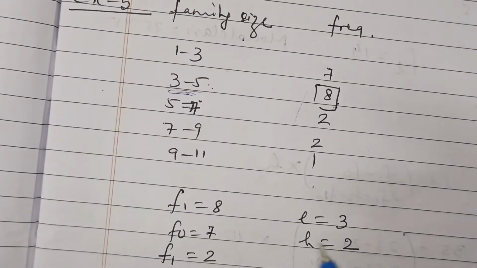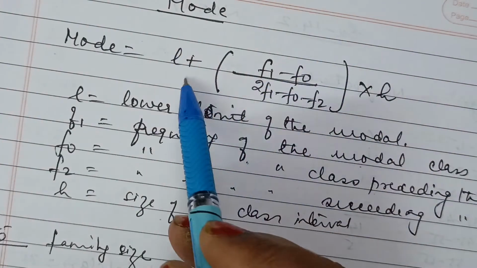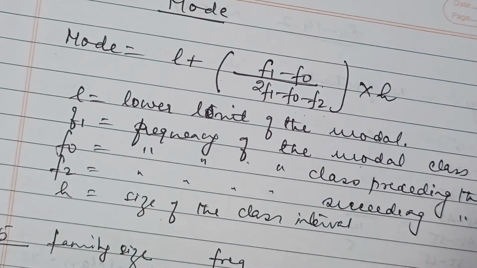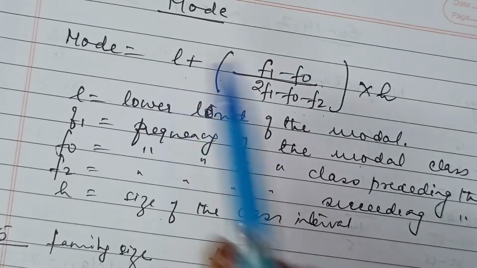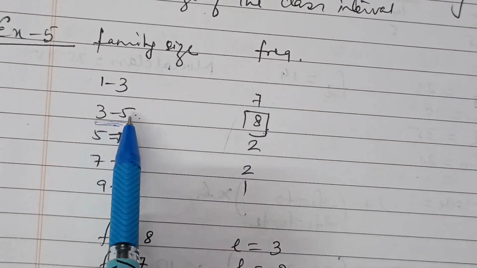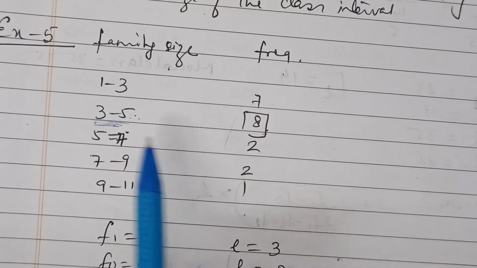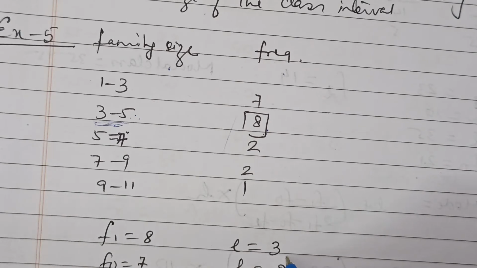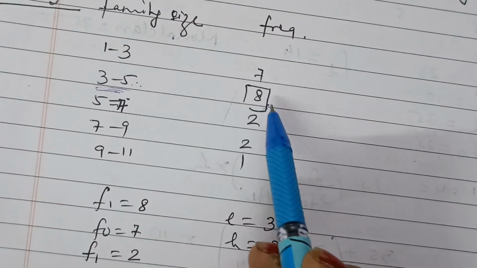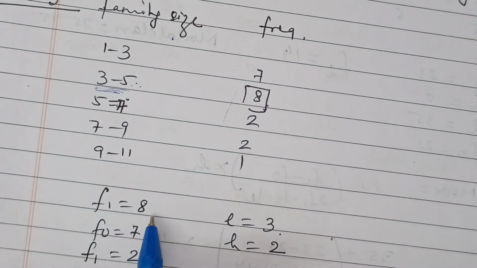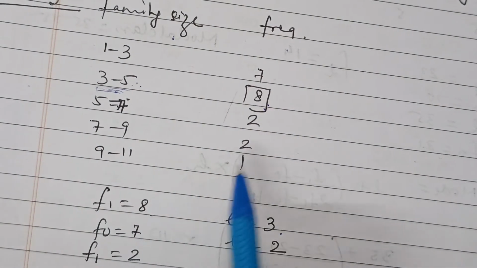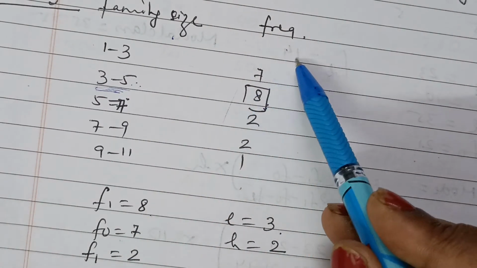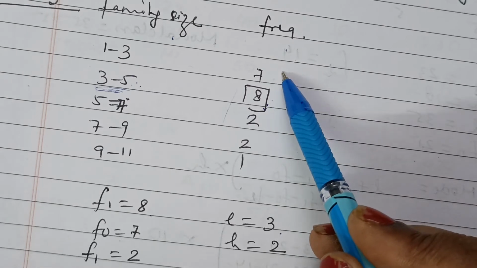Now we will use this formula: L plus (f1 minus f0) by (2f1 minus f0 minus f2), into h. What is L? L is the lower limit of the modal class. The modal class is 3 to 5, so L is 3. f1 is the frequency of the modal class, which is 8. f0 means the preceding class, so f0 will be 7.